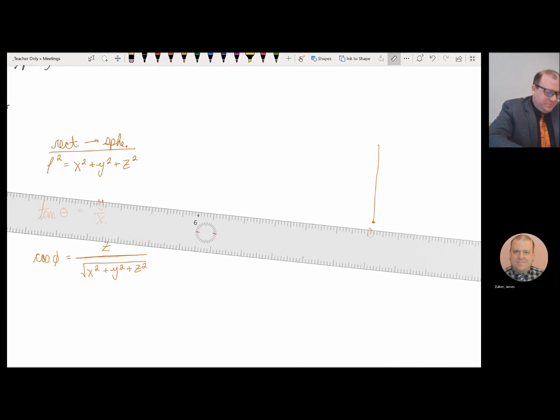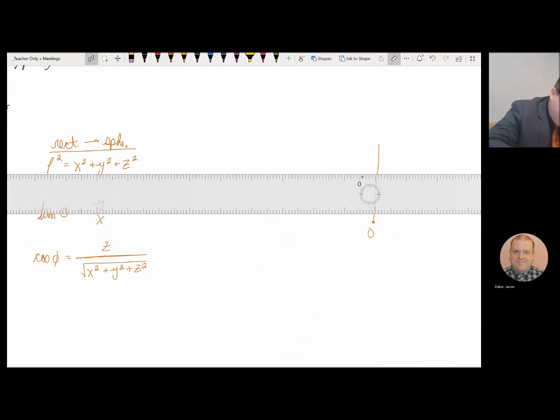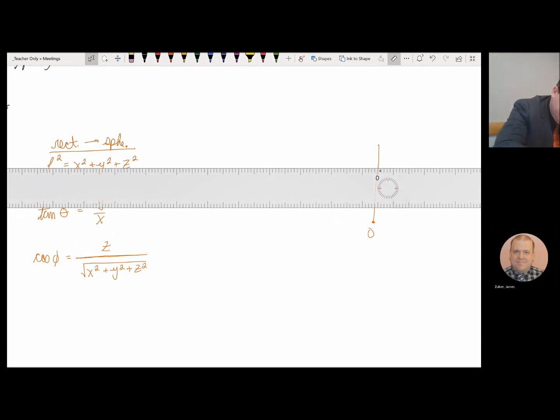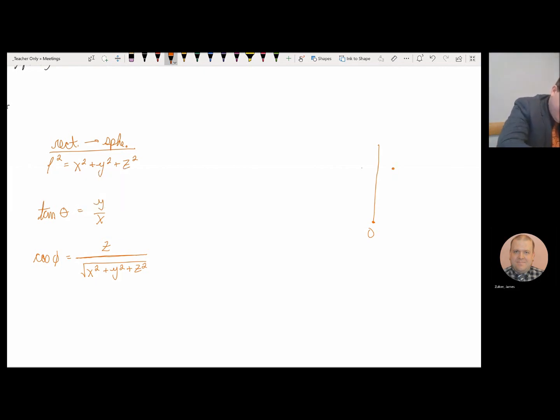Let's actually draw up the scale. Those are the same angle, and it's measuring the same declination from the z-axis, just on opposite sides.